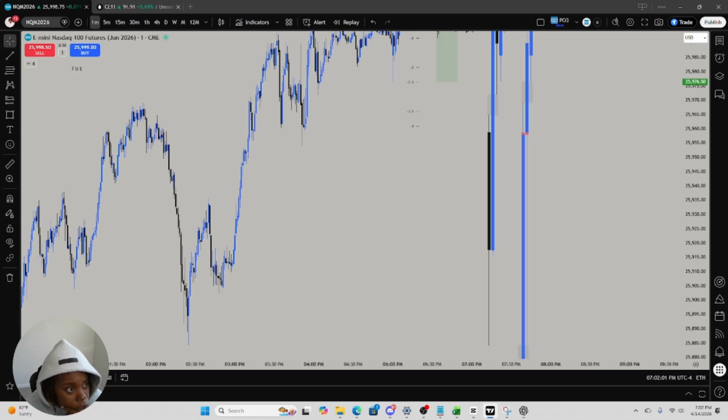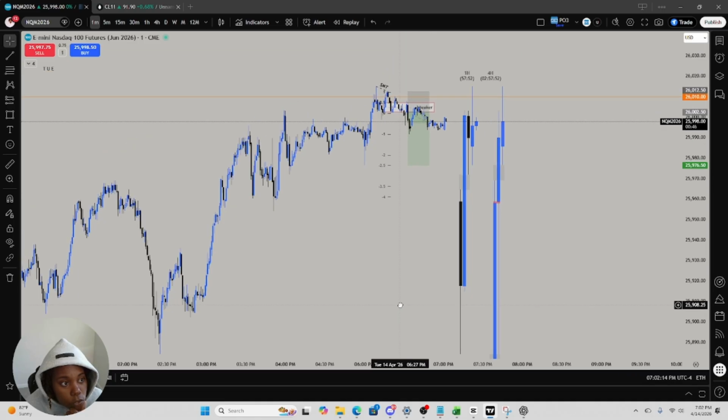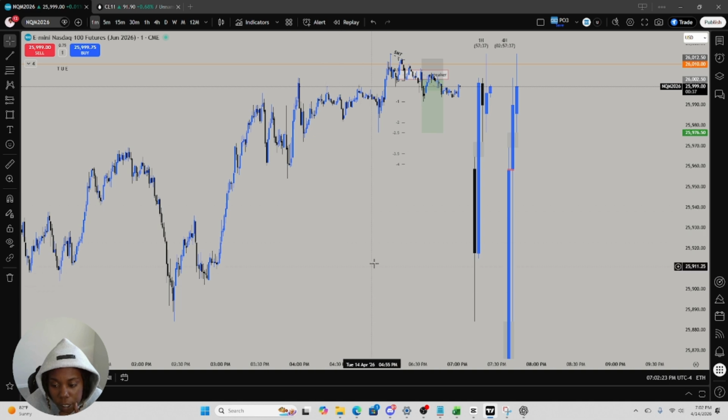So we've kind of already covered what makes SMT higher probability and low probability, what invalidates. And the last one that I wanted to touch base on is handling trending price action. So again, just like I was talking about in the trend, we want our SMT to be our confirmation, okay, not our continuation.